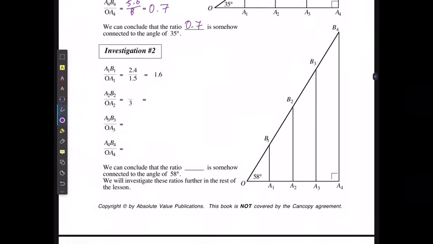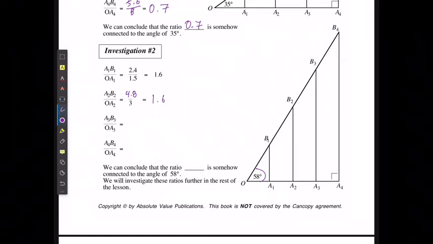In the second case, we have a new angle of 58 degrees, and I'm going to tell you what these measurements are again. For the first one, 2.4 over 1.5. For the second one, 4.8 over 3, which is also going to be 1.6.